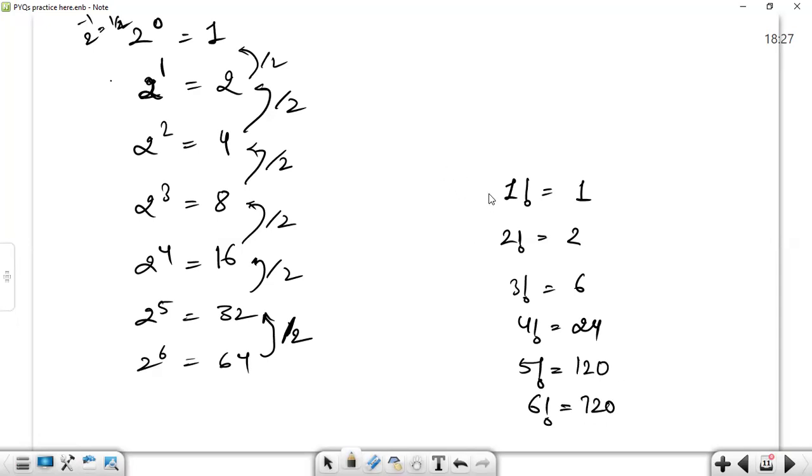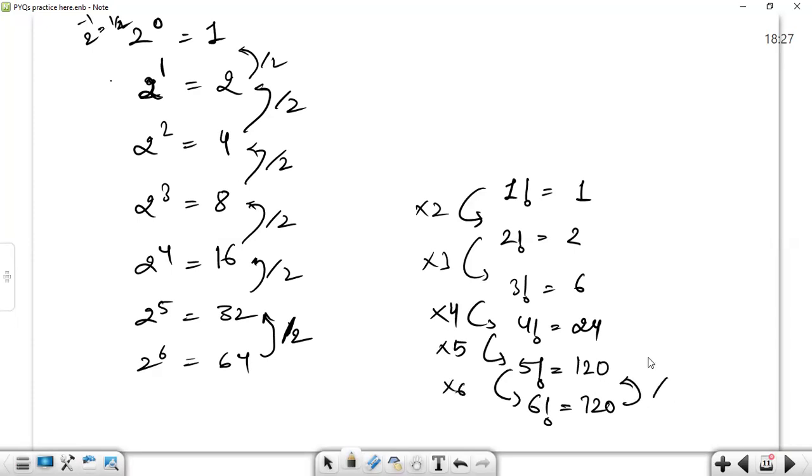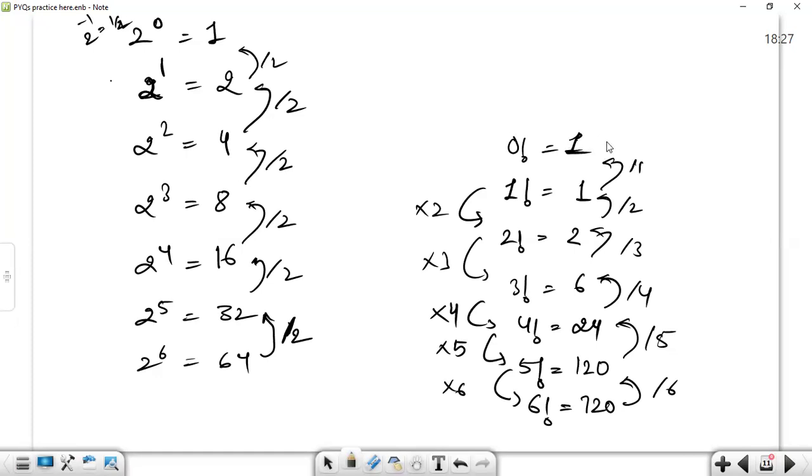So what we are doing here is, going forward, we multiply by 2, by 3, by 4, by 5, by 6. For going back, we divide by 6, by 5, by 4, by 3, by 2, and then 1 by 1 will become 1. Hence, 0 factorial is 1.